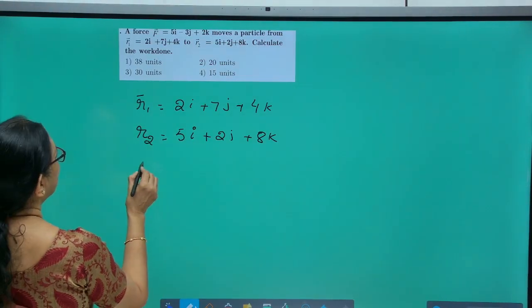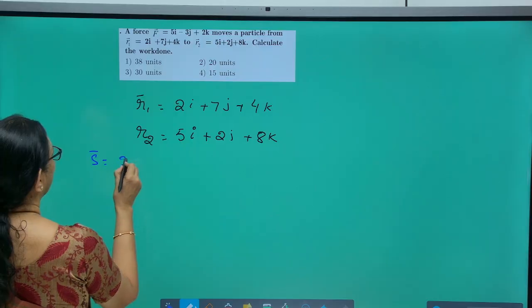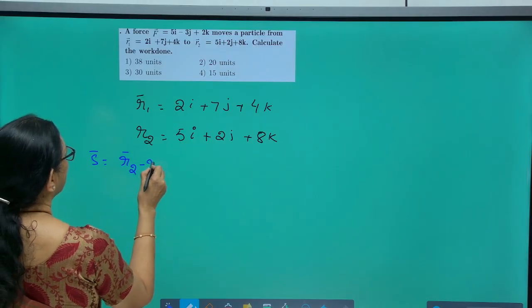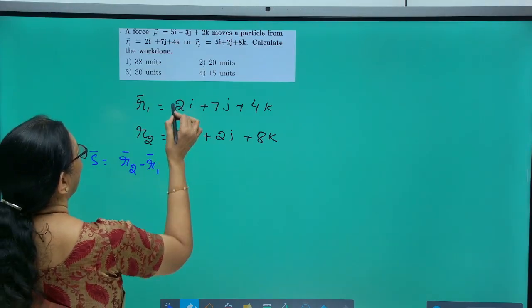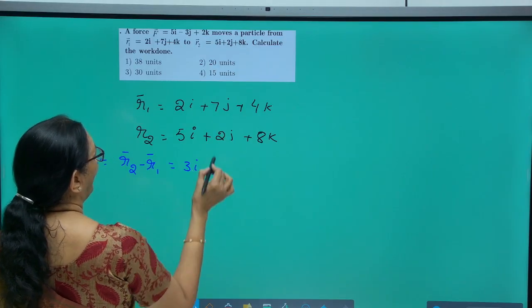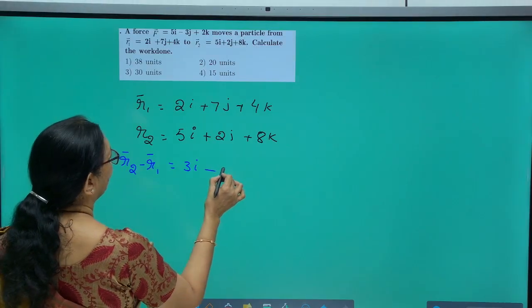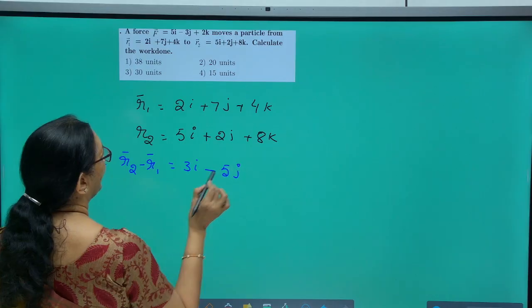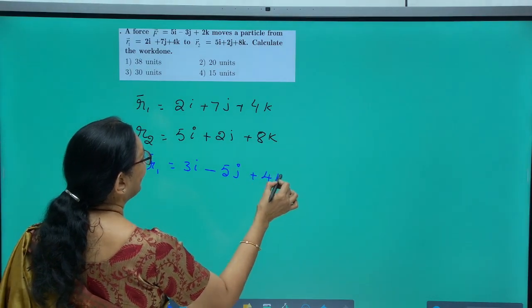Now the displacement vector is given by S bar is equal to final position vector minus initial position vector, that is 5 minus 2, that is 3 i bar, 2 minus 7 is minus 5 j bar, 8 minus 4 is 4 k bar.